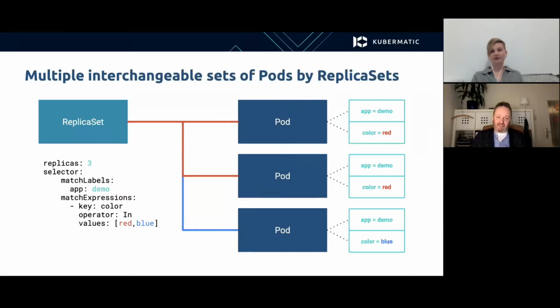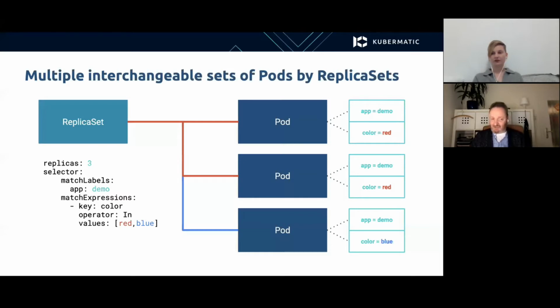The selector says, I want to match the label demo and to match the expression that the key color and the operator in and the values red and blue. And so if I have 3 pods with these different kinds of labels, I put them all together in the replica set, and that's quite flexible, especially for upgrade situations.